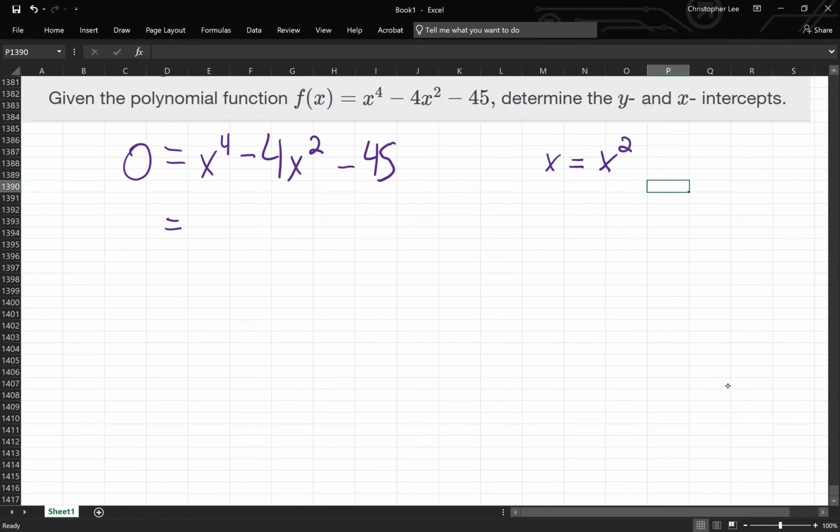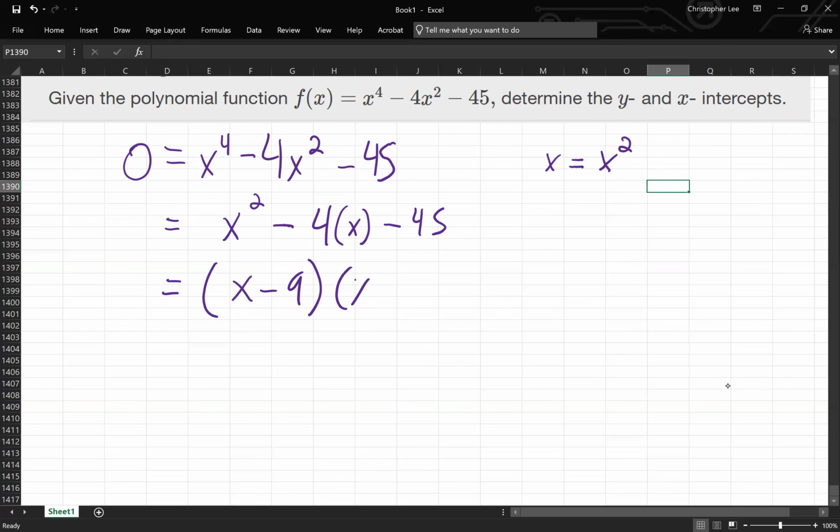So you can rewrite this as x squared minus 4 times x minus 45. Let me just call this x, let me not confuse y'all. Factor it the way you normally would. So this is 9 and 5, I think. So x minus 9, x plus 5. Something like that. Now substitute back x squared in for x.